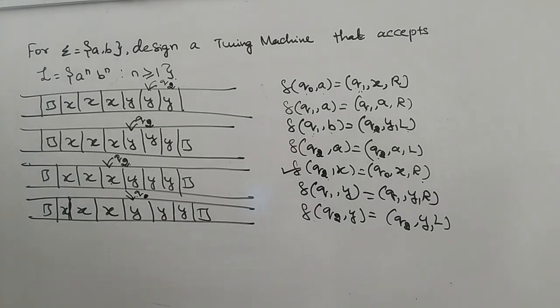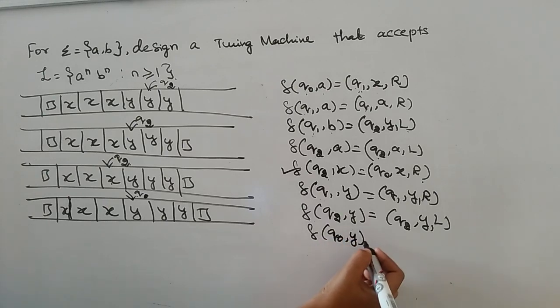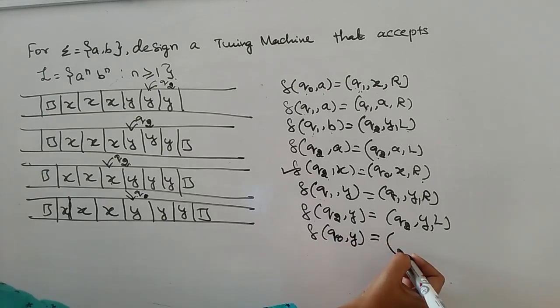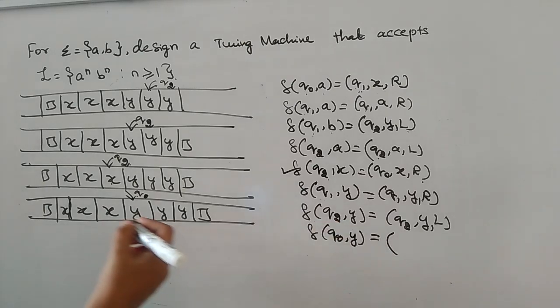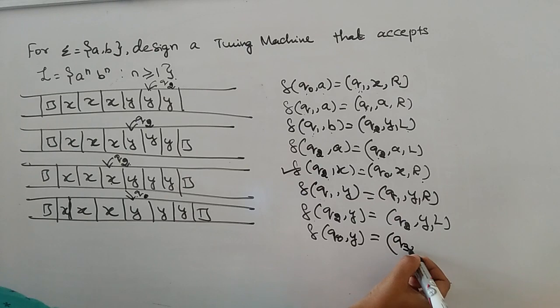So next, we have to write the transition as del of Q0 comma Y. We have to trace for the transition, but we haven't written any transition for this one. What we are going to do here is, if the machine is in the state Q0 and the read write head is pointing to the symbol Y, by that time we are simply going to move the read write head towards right, and your machine will enter into the state Q3.